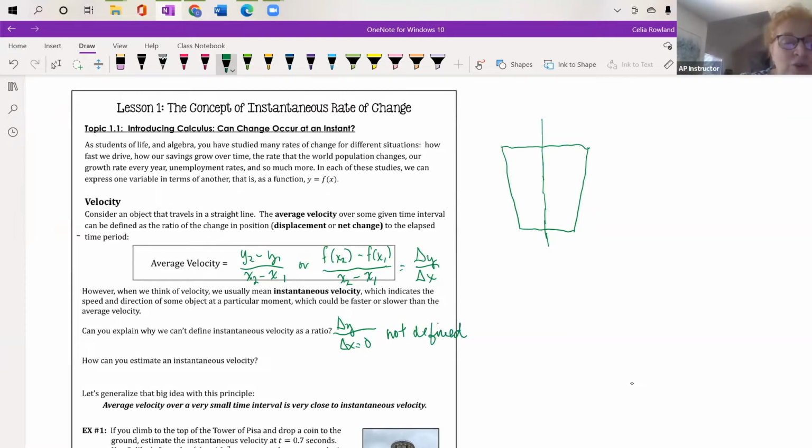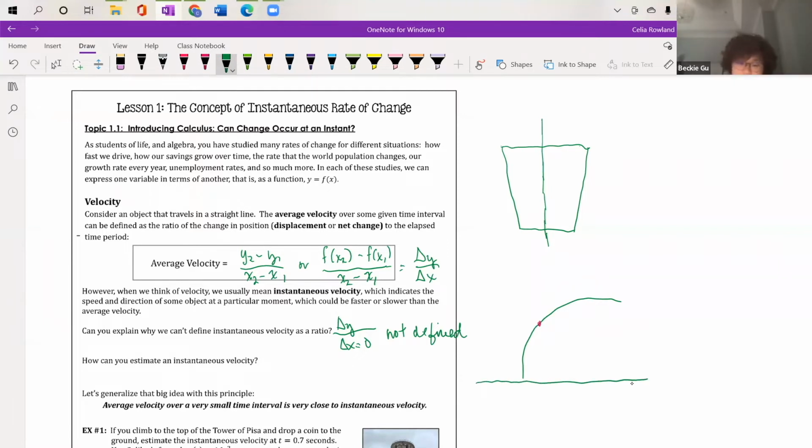So how do we estimate that? Well, we do it as a limit. When we draw a curve, let's suppose I draw this really big curve, and I want to see what is happening at this one particular point right here. I'm going to draw a horizontal axis on here too.